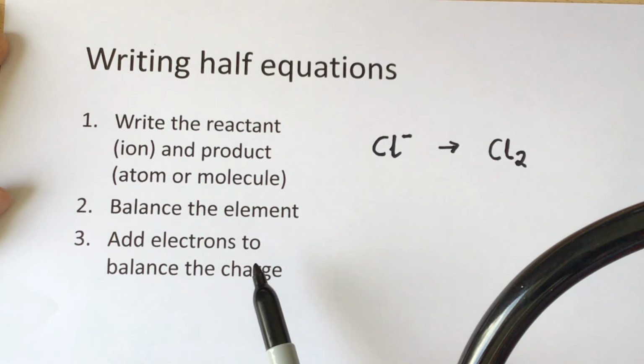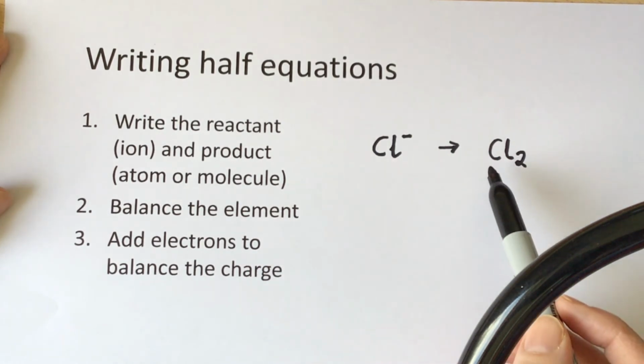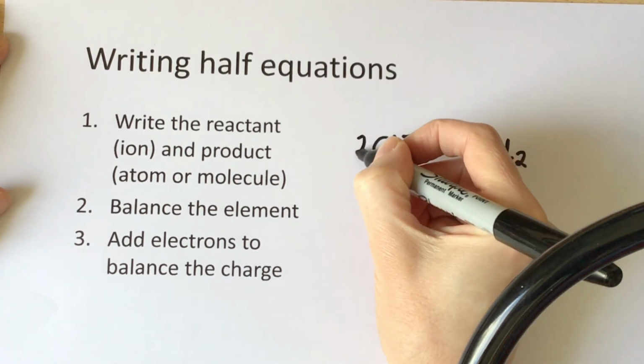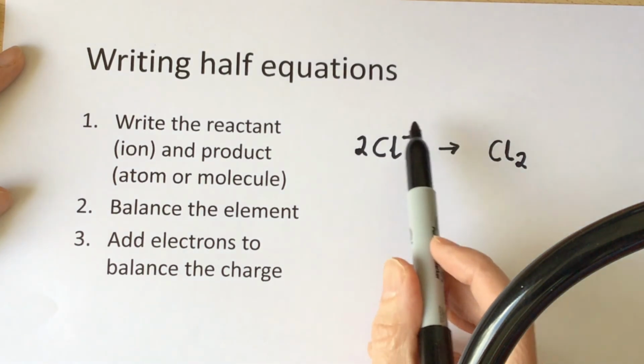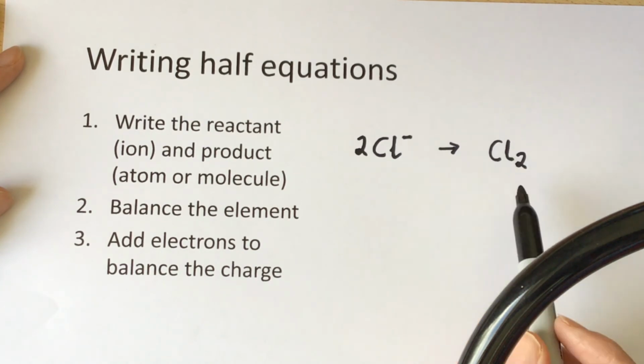Step 2 is to balance the element, and in this case it's not balanced because here I've got 1 chloride ion and here I've got 2 chlorine atoms. So I need to put a 2 here to balance the elements. And then to finish it off, I need to add electrons to balance the charge. At the moment, I've got 2 negatives over here and 0 charge over here.